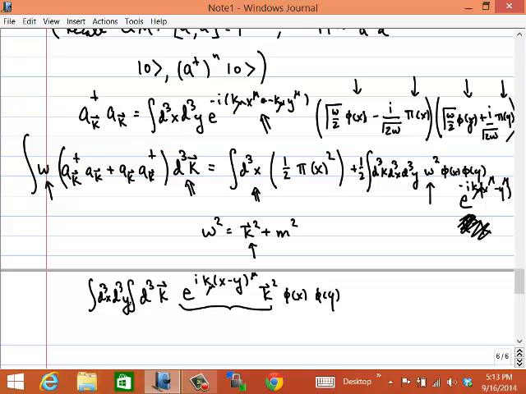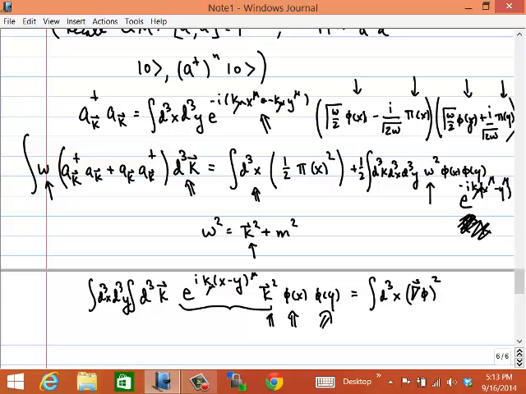And so you could do that x integral by parts to move that derivative acting onto the phi. And then to get the other factor of k, you could do the y integral. You could write that as the derivative with respect to y of e to the i k y, and then do that y integral by parts. And what you'll get then is the integral d3x of the gradient of phi squared, because now we've removed that factor of k squared at the expense of taking a derivative on these two phi's.